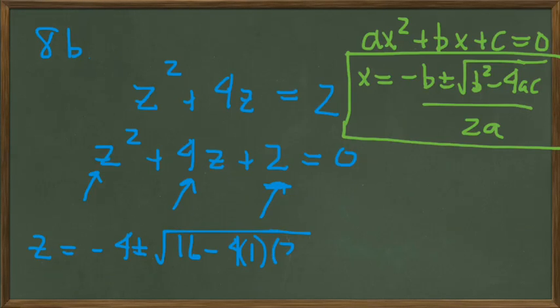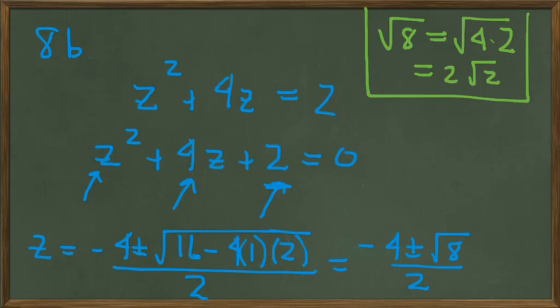We said that c is 2, and that's divided by 2a, which is 2 times 1. So simplifying, we get minus 4 plus or minus the square root of 8 over 2. And I've written the square root of 8 as square root of 4 times 2, which allows us to take out the square root of 4, 2. So it's 2 times the square root of 2.